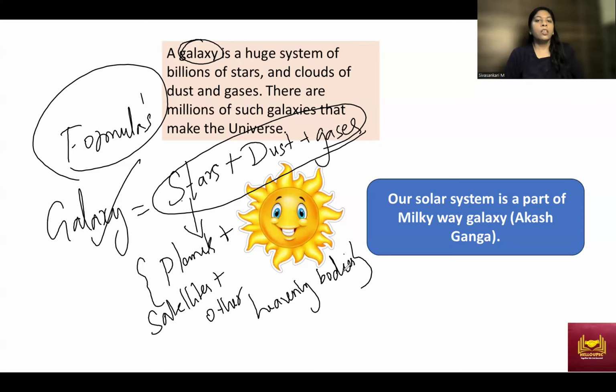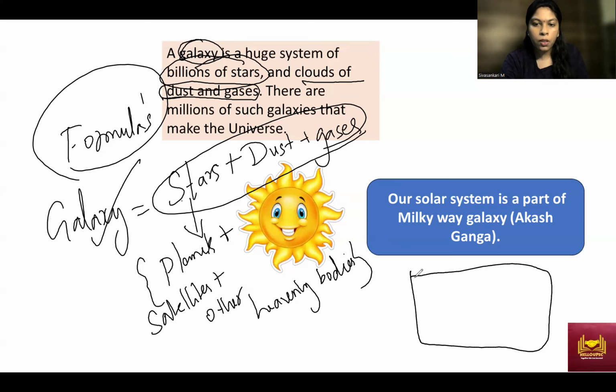Here it is mentioned, a galaxy is a system of billions of stars, clouds of dust, and gases. If I imagine this as the universe, there are millions and millions of galaxies, like this.